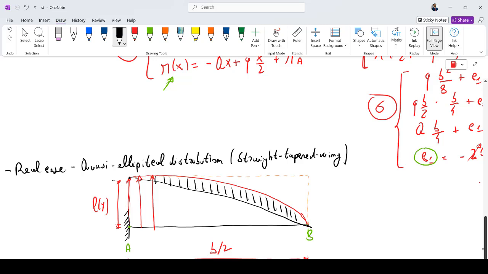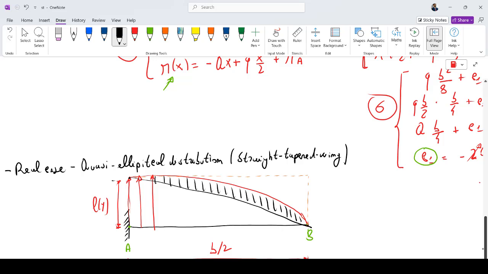I lose this load that in the real case is present. With this linear approximation, I miss this load. So this is a quasi-elliptical distribution, because the wing is not an elliptical wing, but a straight tapered wing. Typically the load is this for a straight tapered wing.